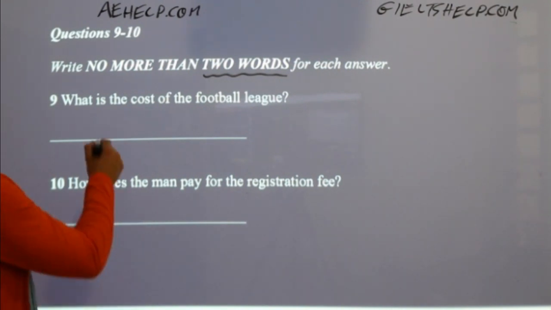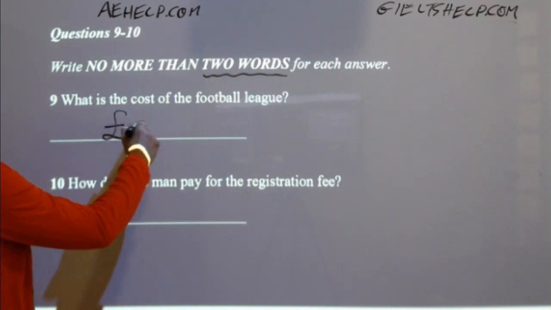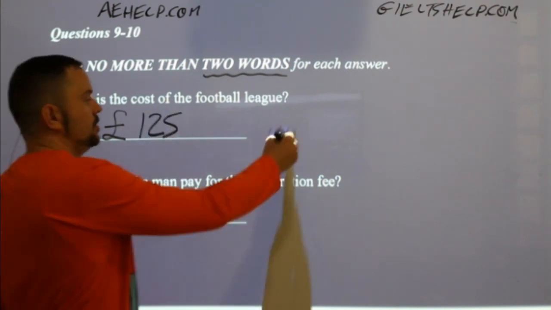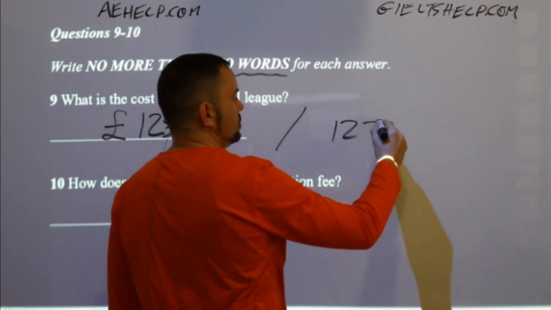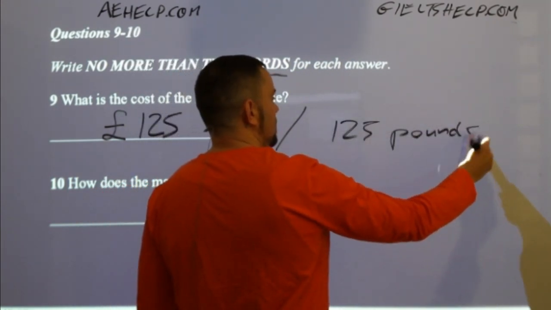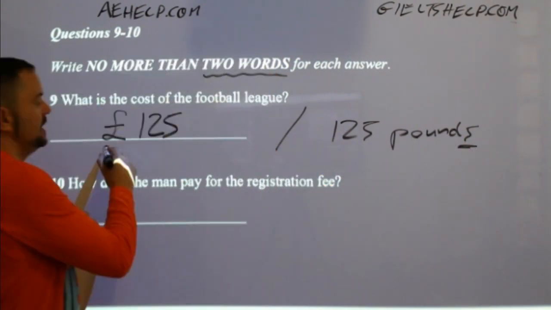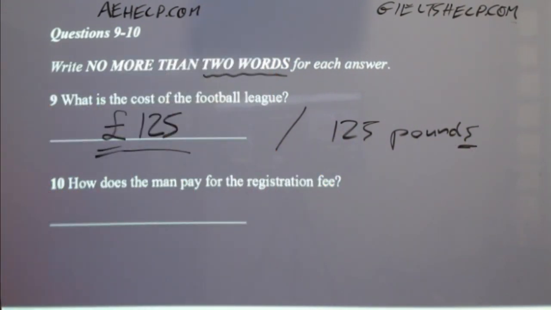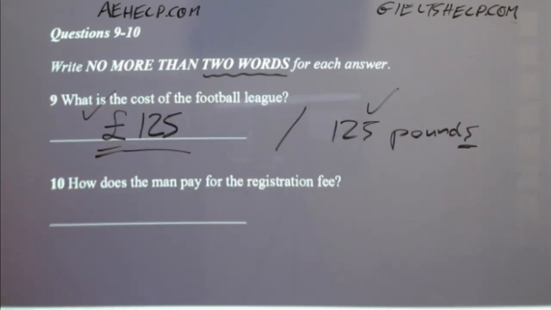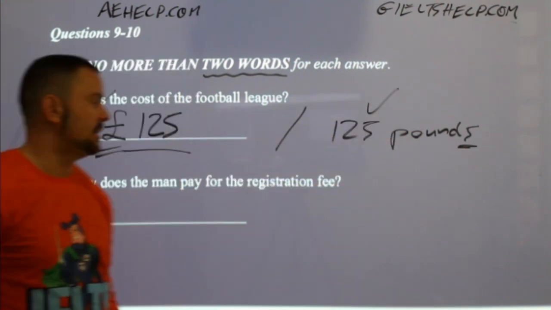You notice that they don't give you the pound sign here. It's 125 pounds, or you could have 125 pounds, like that. Make sure it's plural. This is the easier one with the symbol. This is correct. Just make sure that you have that S on pounds.